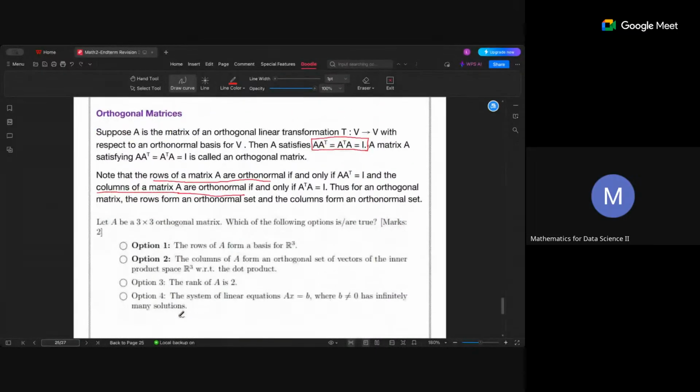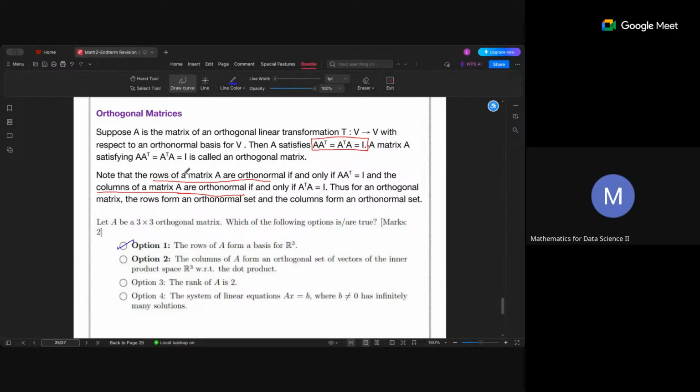Here exactly the same thing is given in this question. If you have a 3 by 3 orthogonal matrix, the rows are orthonormal, so they form a basis for R3. The columns of A form an orthogonal set of vectors in the inner product space R3 with respect to the dot product.